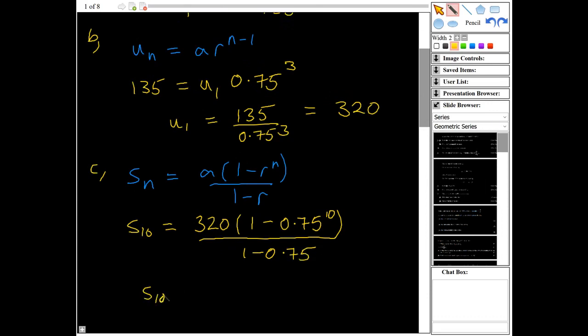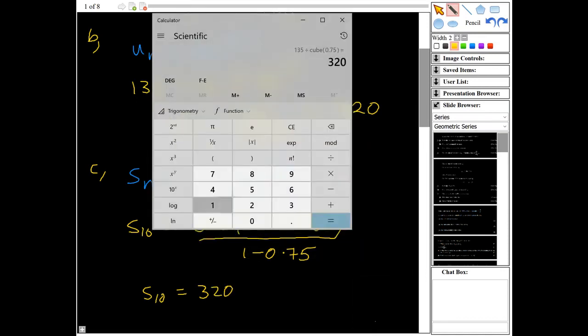So the sum of the first 10 terms is going to be 320, and then 0.75 to the power of 10 is that. And if I make that minus and then add 1, so it's 1 take away that, multiply that by 320, which gives me 301.979, and then I'm going to need to divide that by 0.25.